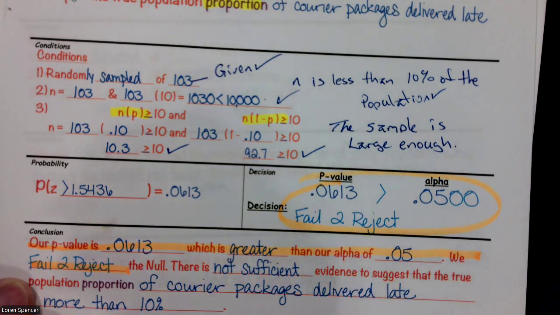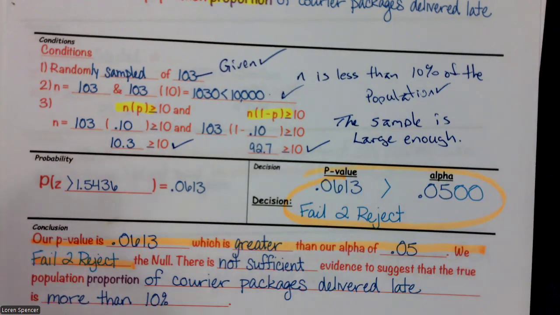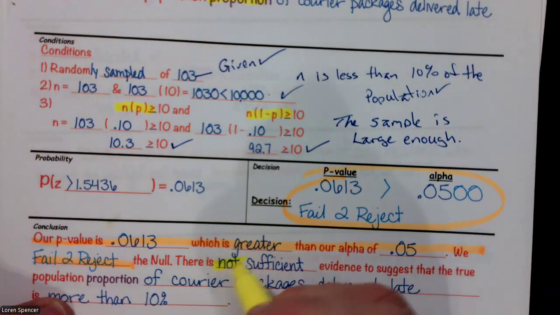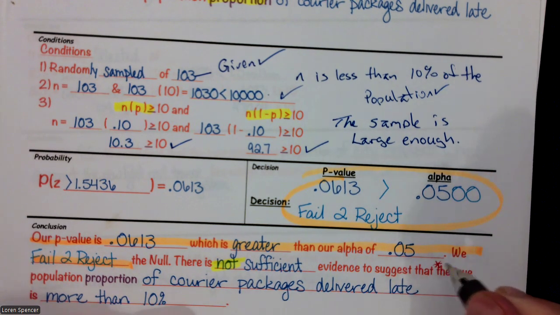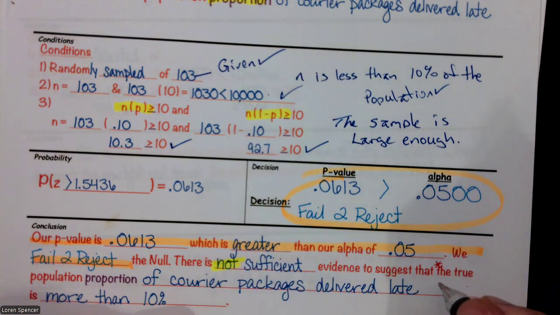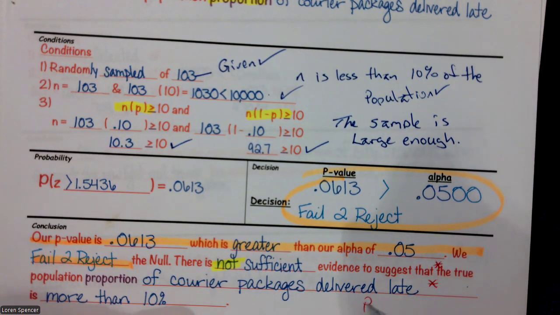So there is not, make sure that that's a not, don't mess that up. There is not sufficient evidence to suggest that the true population proportion of courier packages delivered late is more than 10%. Once again, this right here, that's a restatement of the parameter.